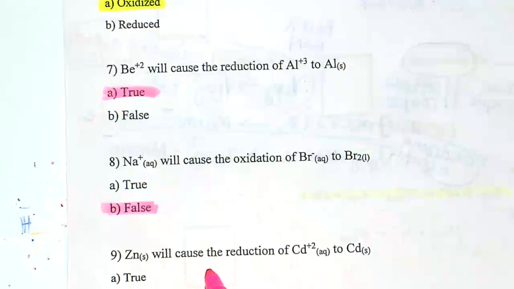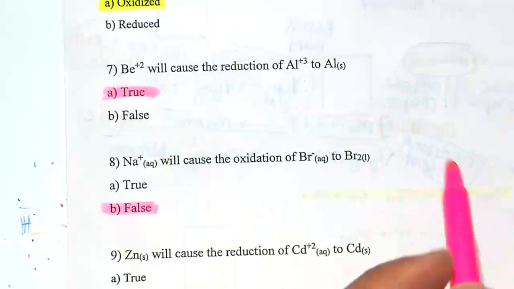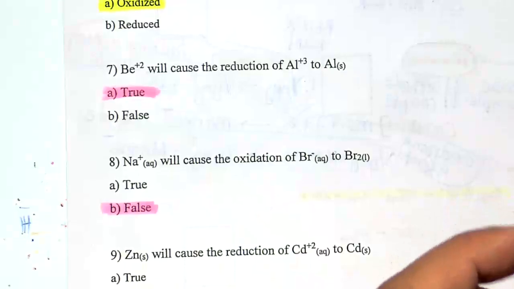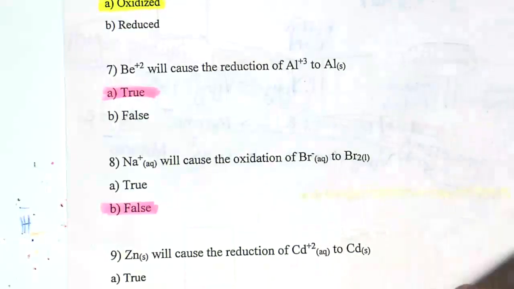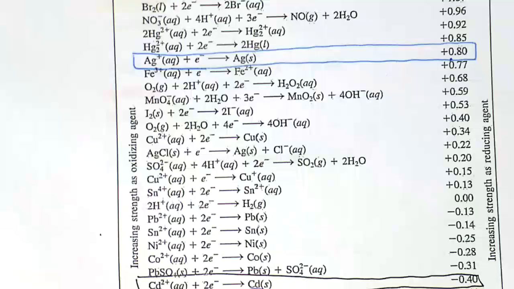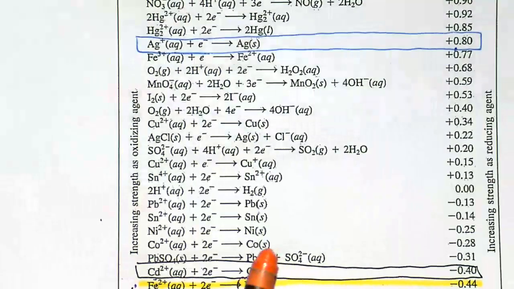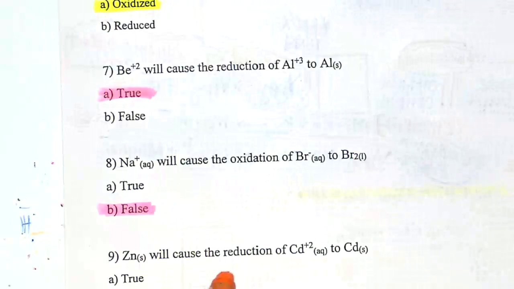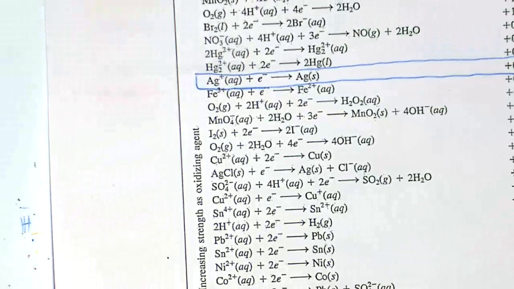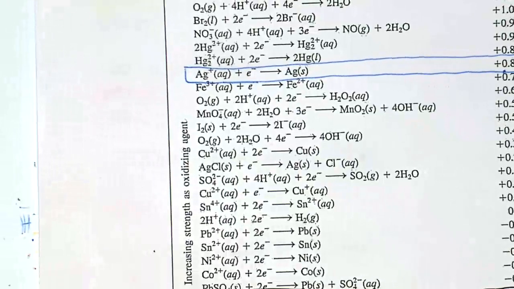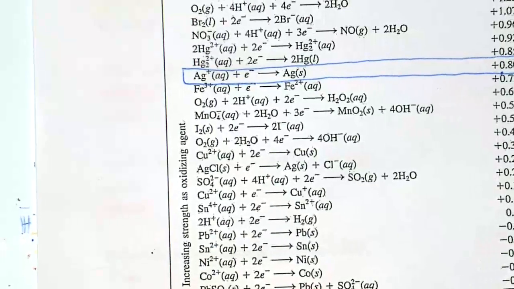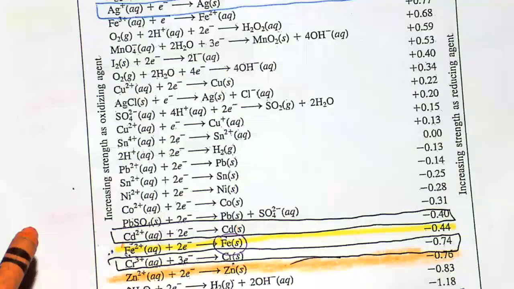Zinc solid will cause the reduction of cadmium plus 2 to cadmium solid. Where is zinc here? Okay, here is zinc. Will cause the reduction of cadmium plus 2 to cadmium solid. What do you guys think?